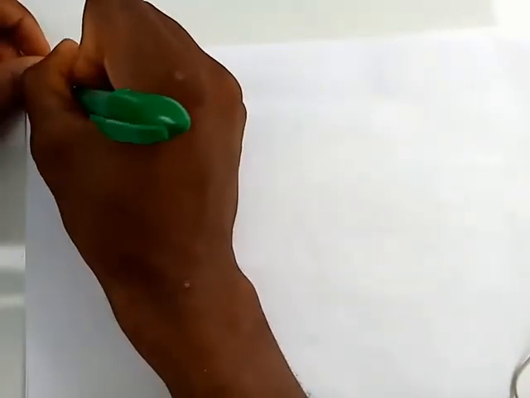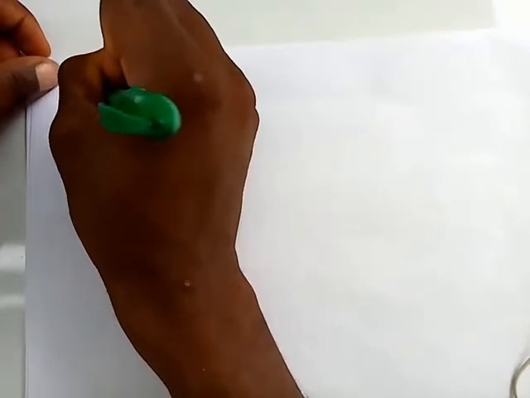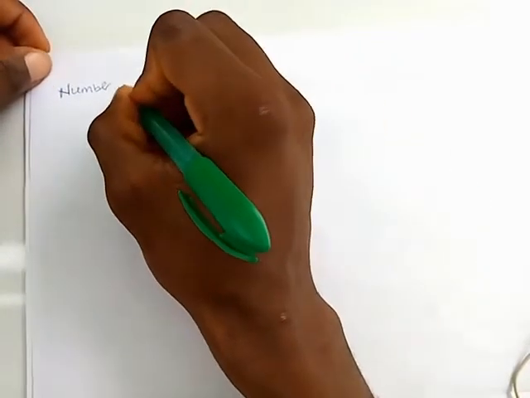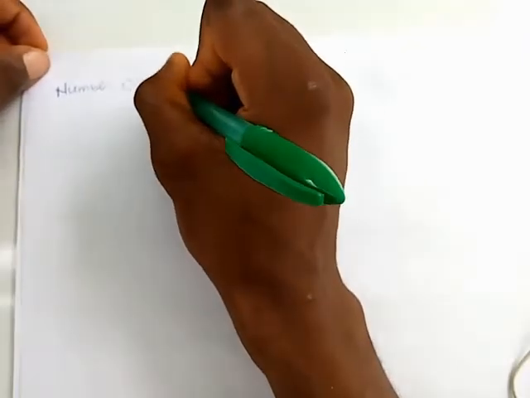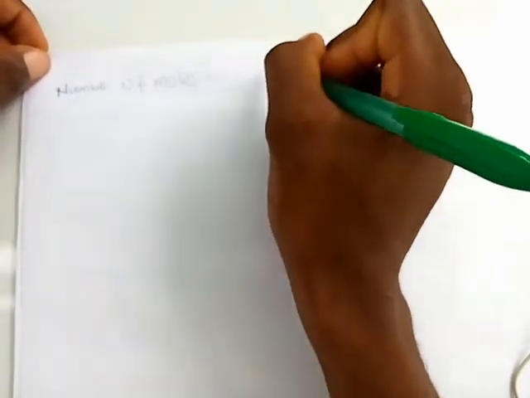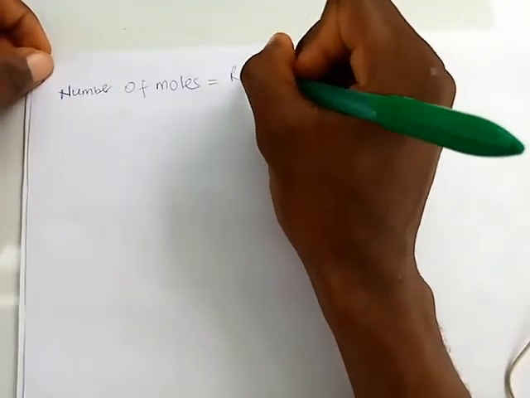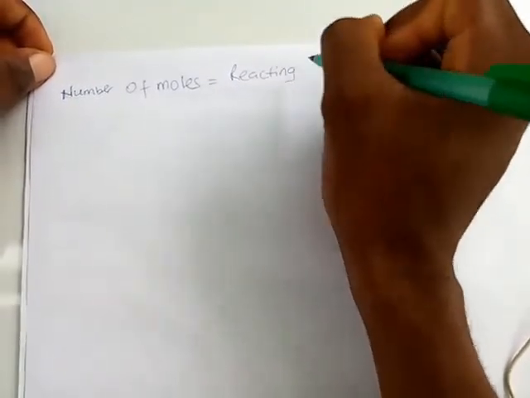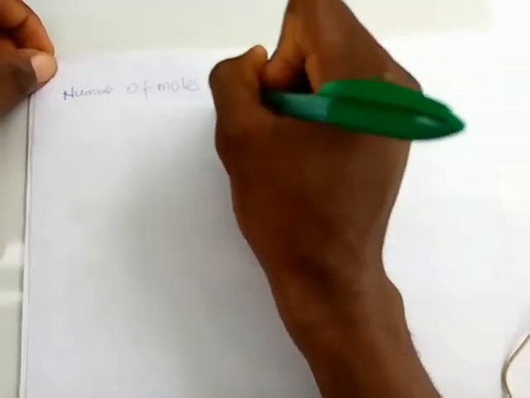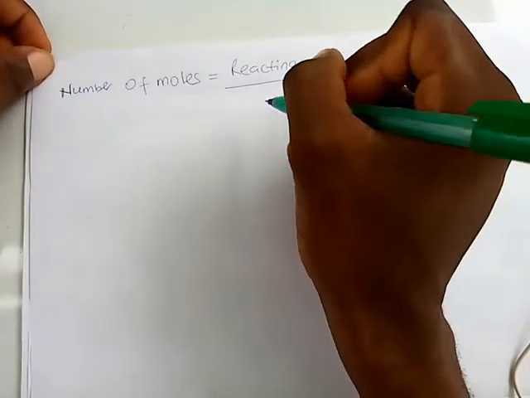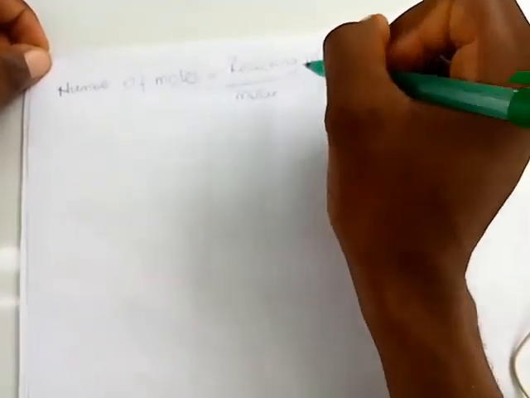There are relationships between mole and some other physical quantities or parameters. For example, in that formula I gave earlier, I said that number of moles is the reacting mass over the molar mass.